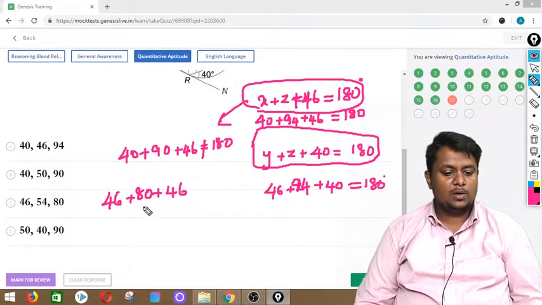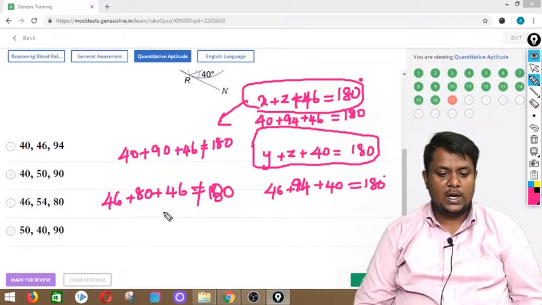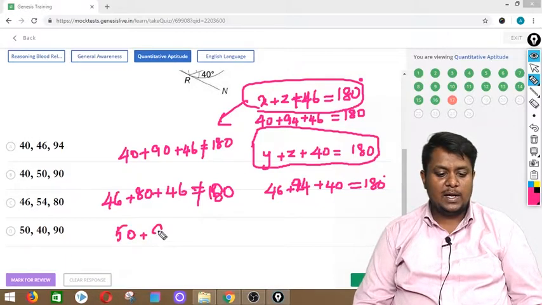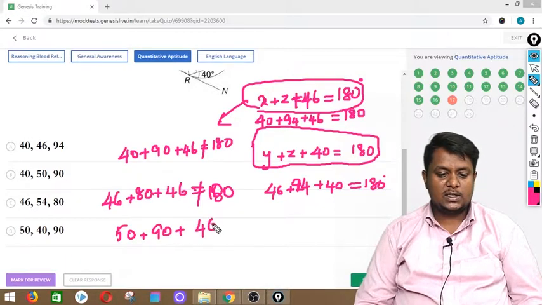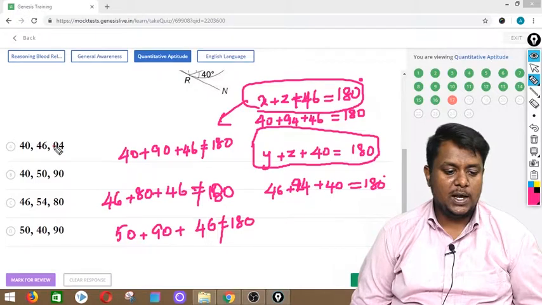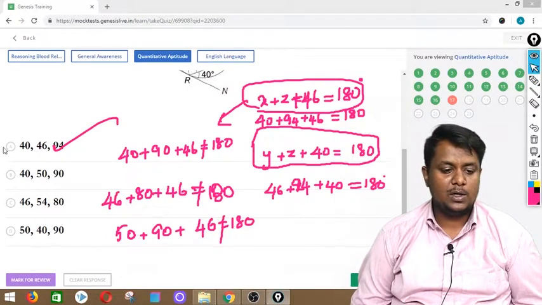So this will not give 180, so this can also be eliminated. 50, 40, 90. X value is 50, Z value is 90, and plus 46 should be equal to 180. No, it is not. So we can eliminate this option also. So option A is the right answer for this particular question. We will mark that and move to the next question.